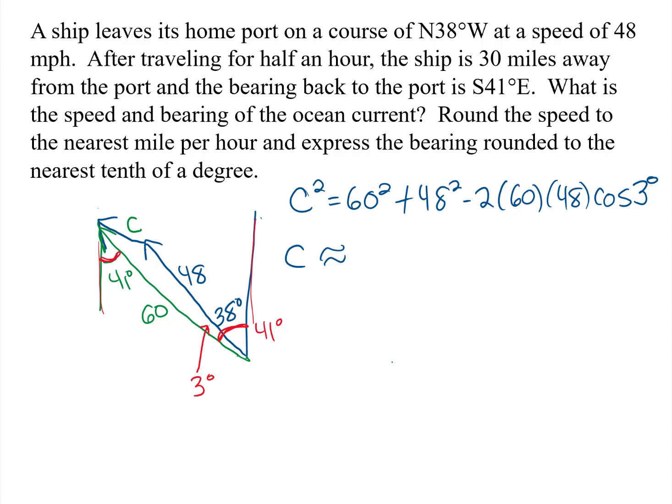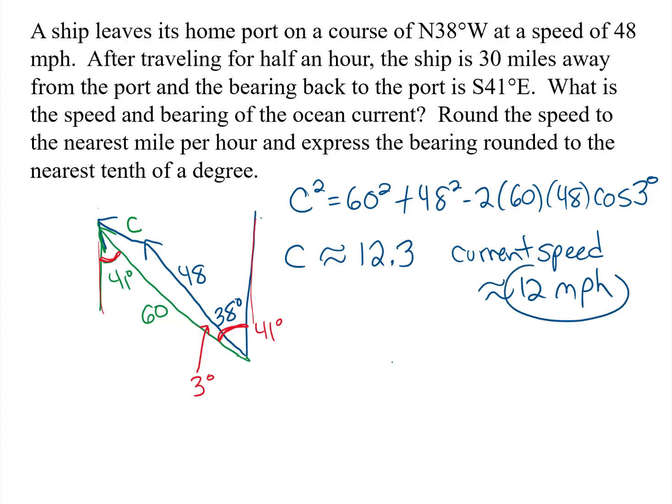It's going to be the square root of 60 squared plus 48 squared minus 2 times 60 times 48 times cosine 3. And I get 12.3 about. We are supposed to round to the nearest mile per hour, so the current speed is approximately 12 miles per hour.